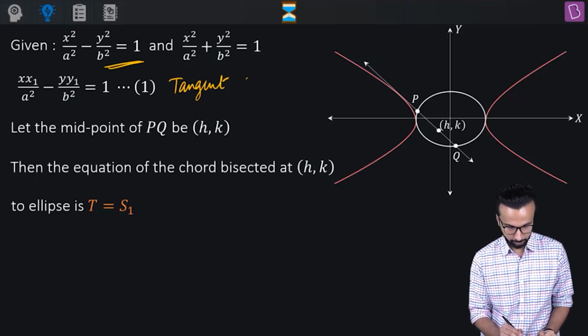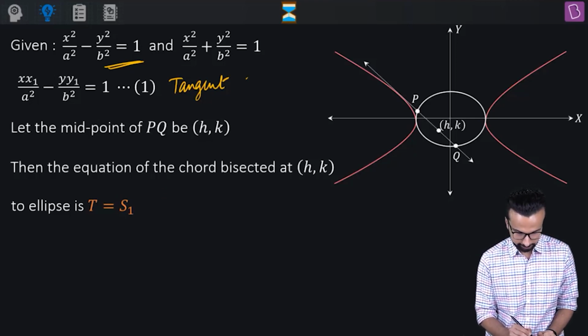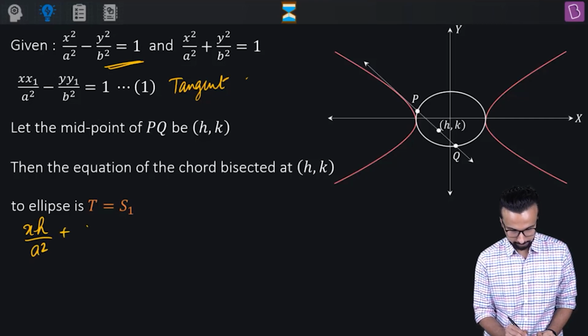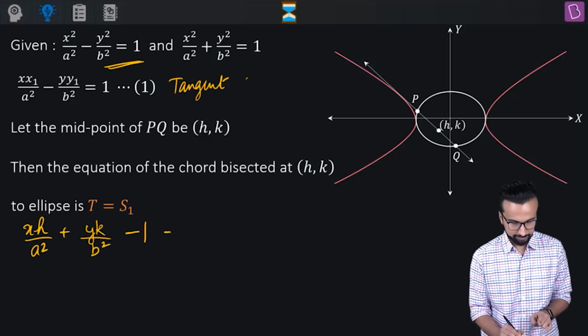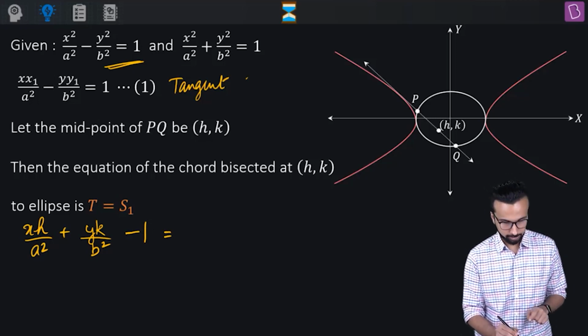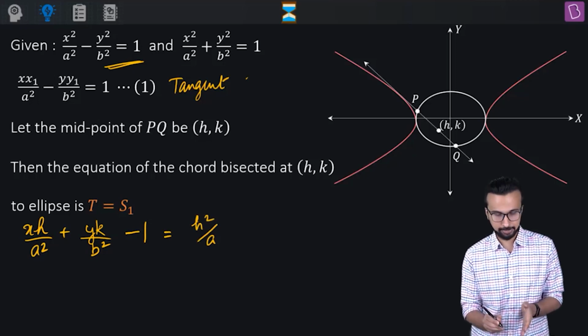So x square by a square becomes xh by a square, plus y square by b square becomes yk by b square, minus 1 equal to 0 is T equal to 0. But we have T equal to S1. What is S1? That is h square by a square plus k square by b square minus 1, replacing x and y with h and k.